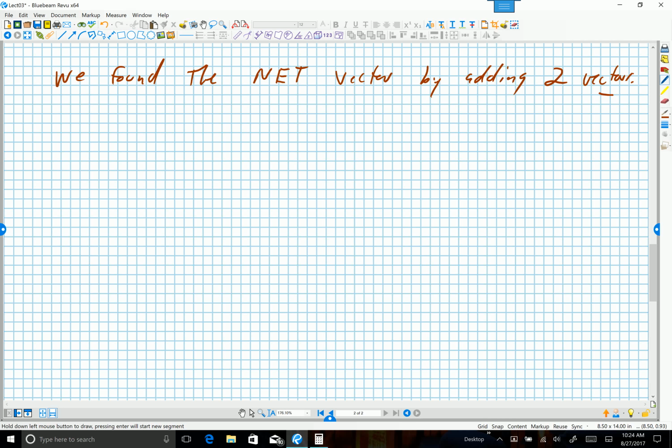If we had four vectors, we'd take 2 by 2, add them together, and then take the results of those two and add them. And you always go 2 by 2. You can have as many vectors as you have. This technique does not mean you can't have 3 or 4 or more vectors. You can have many, 5, 6, 7. So you just do them 2 at a time. You pair them up, do 2, get the result, and then carry on from there.